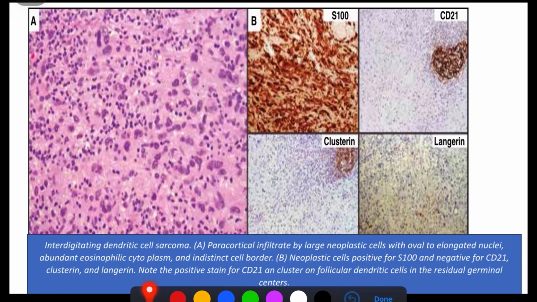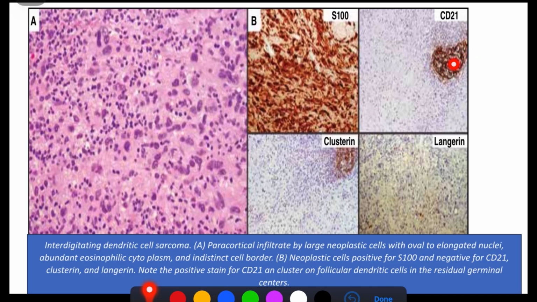Now if we go for IHC, interdigitating dendritic cell sarcoma shows S100 positivity, and in this section you can identify neoplastic cells with oval elongated nuclei, abundant eosinophilic cytoplasm and indistinct cell borders. S100 is positive, CD21 is negative, but the retained germinal centers show positivity by the follicular dendritic cells.